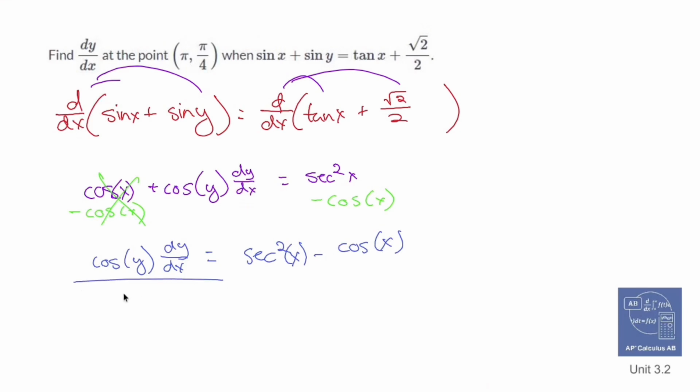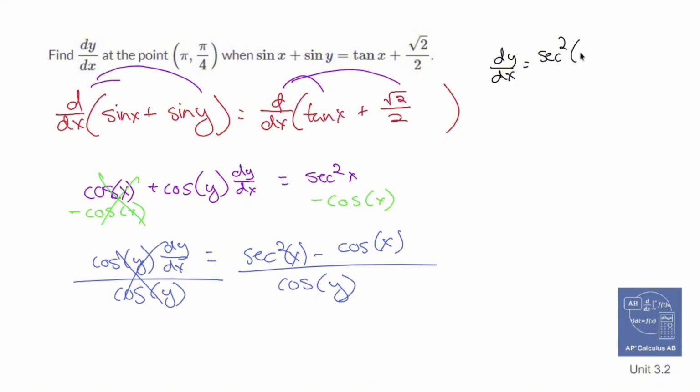Okay, divide everything by cos y. And let's not bother trying to simplify anything because I'm just going to end up plugging stuff in anyway. So dy/dx is now equal to (secant squared x minus cos x) over cos y.